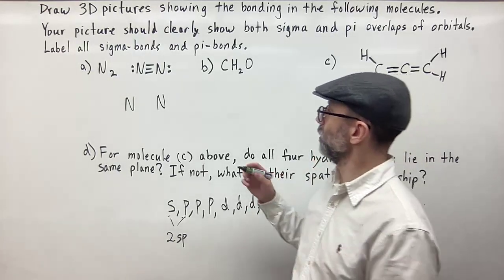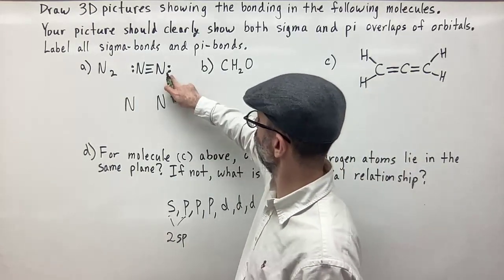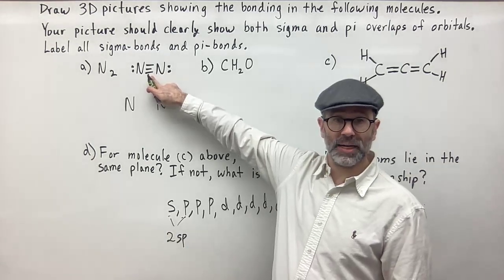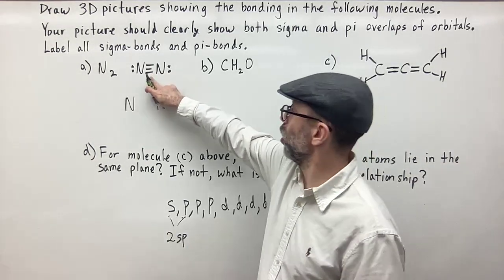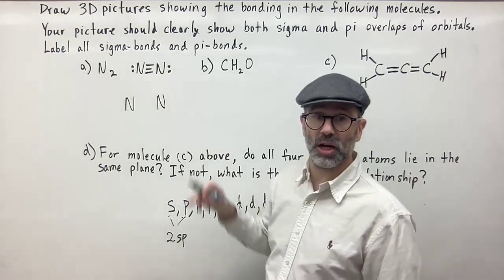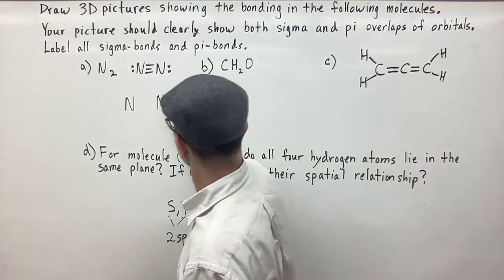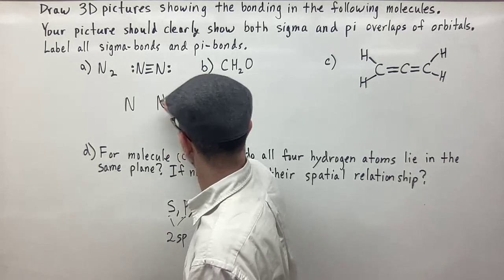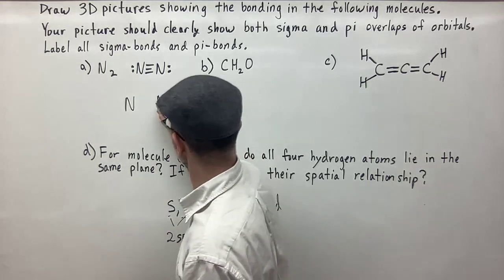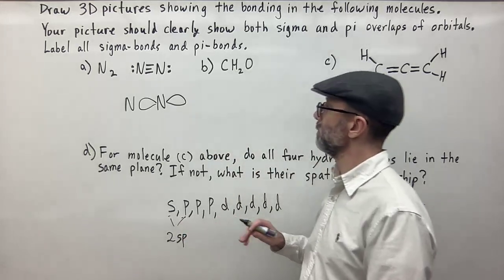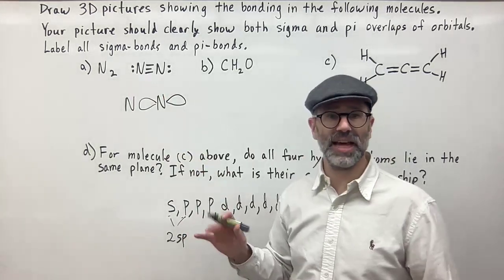Okay, so then this lone pair and one of the bonding electrons are going to go into each of the hybridized orbitals. So you're going to have an sp hybridized orbital that way for this nitrogen, an sp hybridized orbital that way, and this nitrogen is the same.